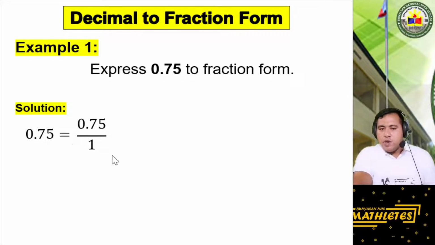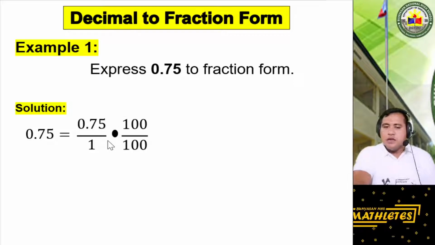So we express it in that form, then we multiply both numerator and denominator by our place value. How many place values does it have? Tens and hundreds, so that means 100. So we multiply by 100, the place value, both numerator and denominator.